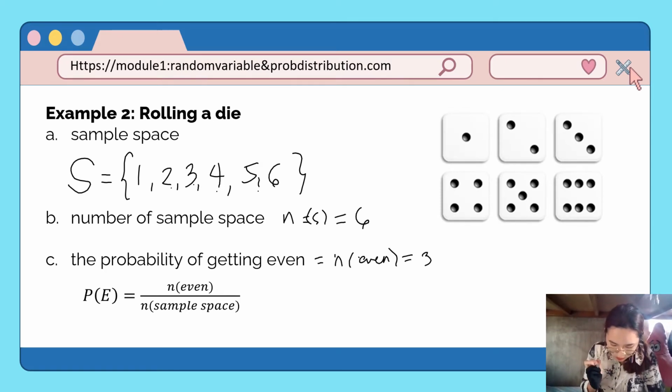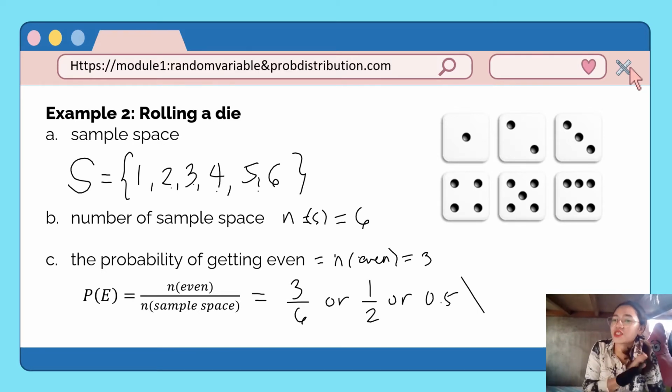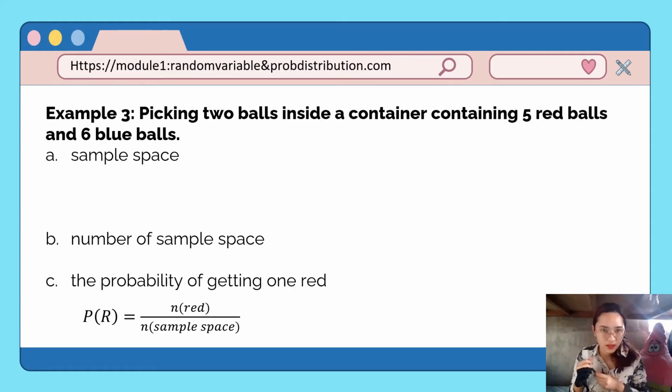Yun ay yung ating 2, 4, at saka 6. So, therefore, yung probability of getting even natin is 3/6, or that is 1/2, or 0.5. So, 50-50 din. 50% chance na makakuha ka ng even number. And of course, yung odd number niya, which is 1, 3, 5, is 50% chance din.